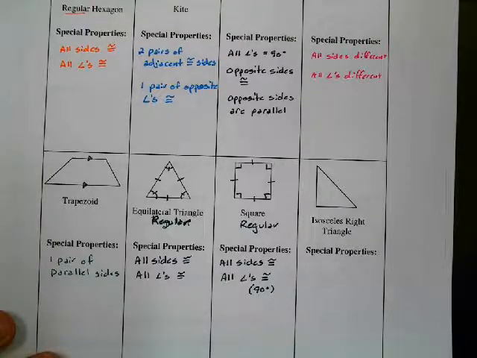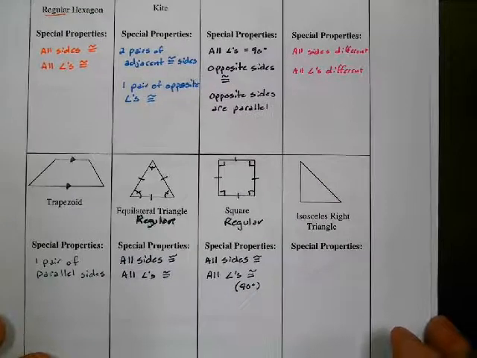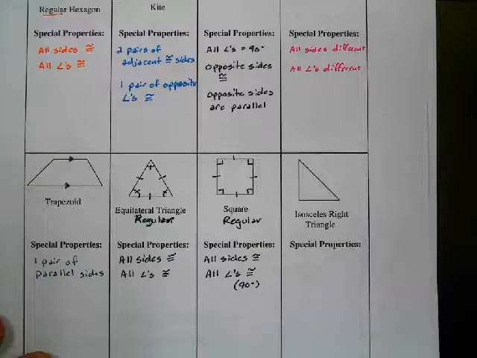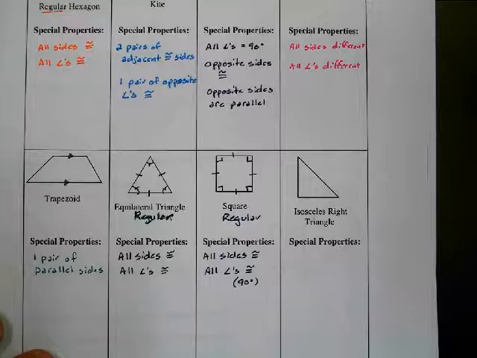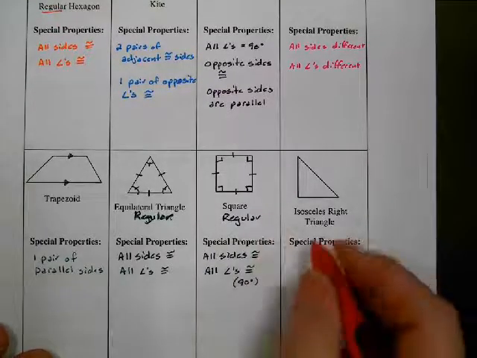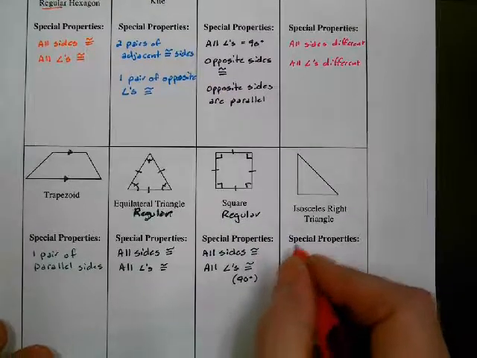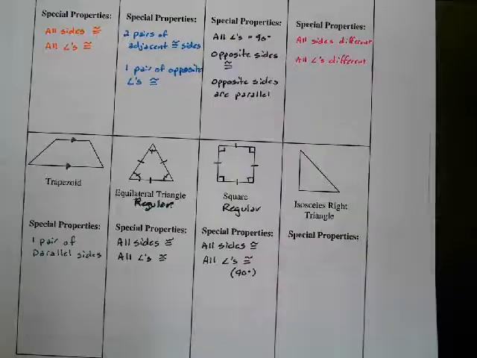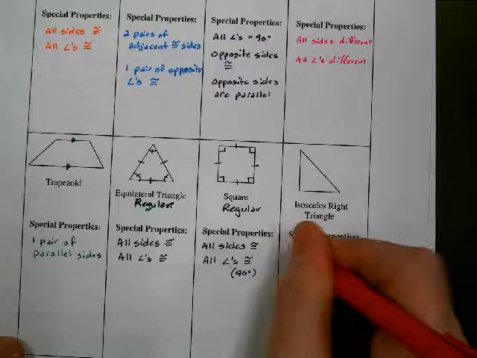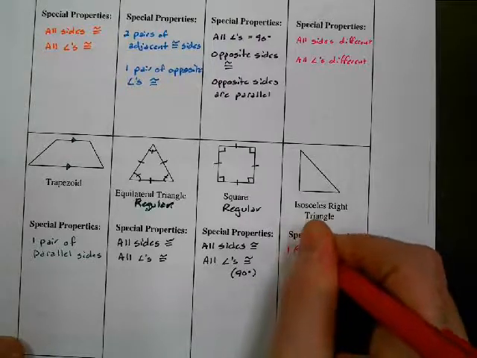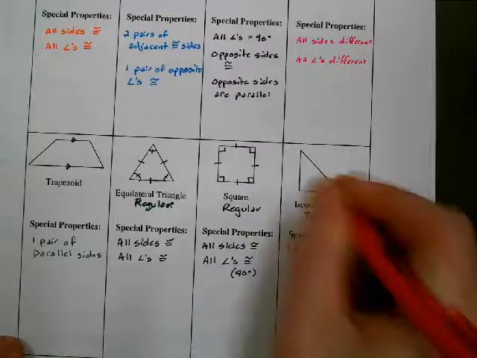Okay, an isosceles right triangle. Well, first thing it says is that it's a right triangle, so that means it has a right angle. So one right angle. So let's put that right angle right there. And it's isosceles.